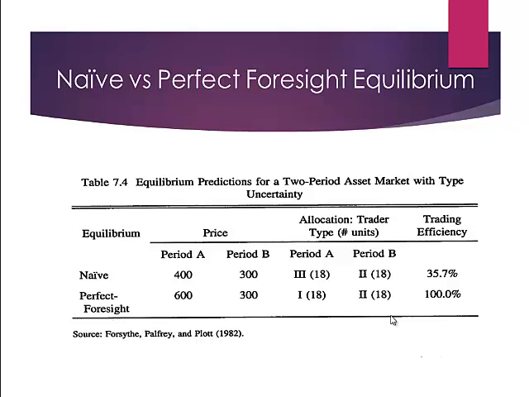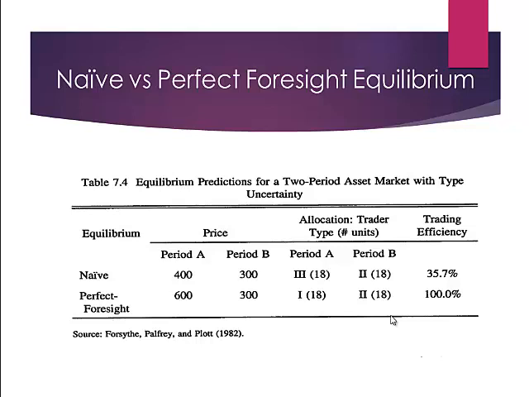Other people don't know what the values of the others are. And then in the second period, instead of cashing in their 250, they will sell everything to the type 2 trader, and they will realize 300 instead of 250, which they could get on their own. So now this makes sense. The value of the asset is 400 in the first period and 300 in the next period.